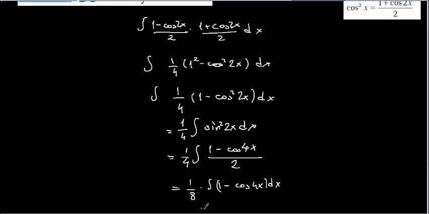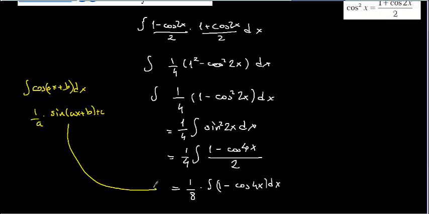If you remember the integral of cosine ax plus b dx is 1 over a times sine ax plus b plus c. Here the a value is 4. So if I substitute here, it's equal to 1 over 8.